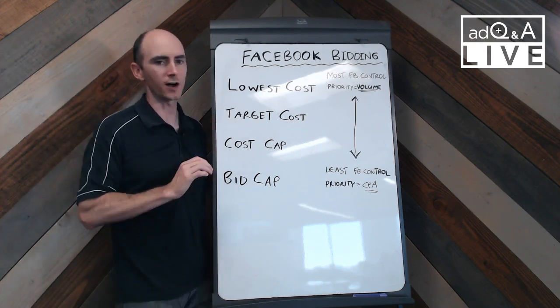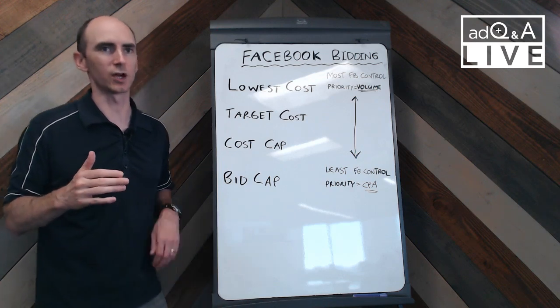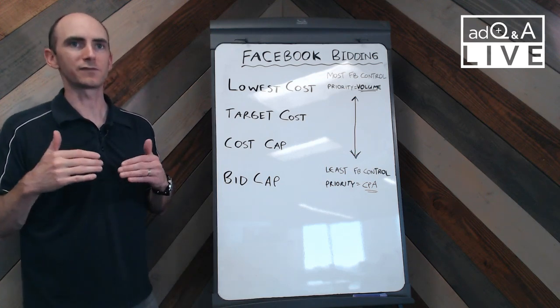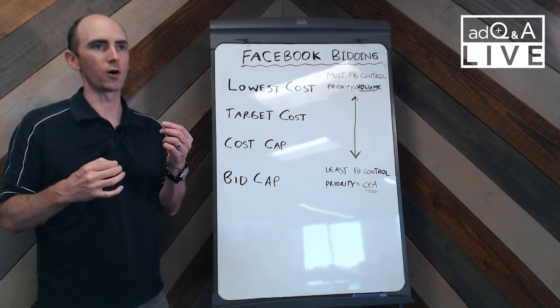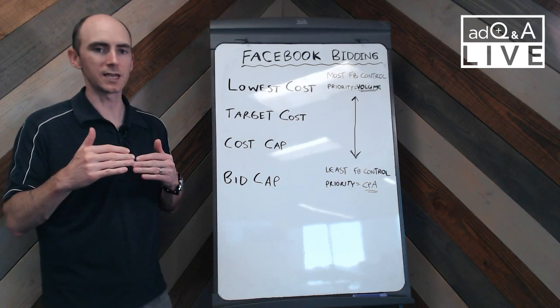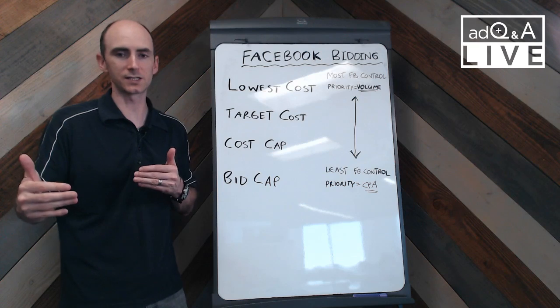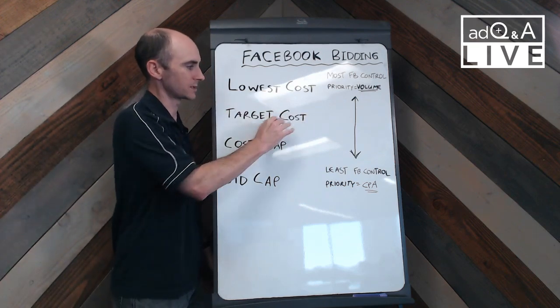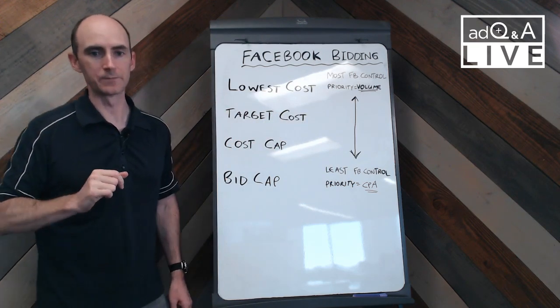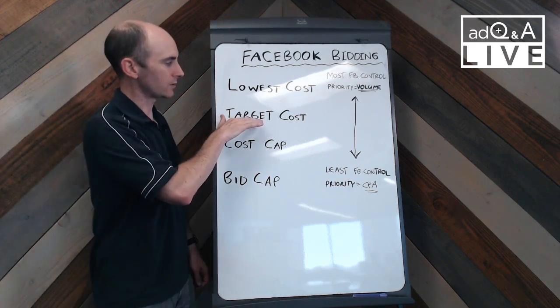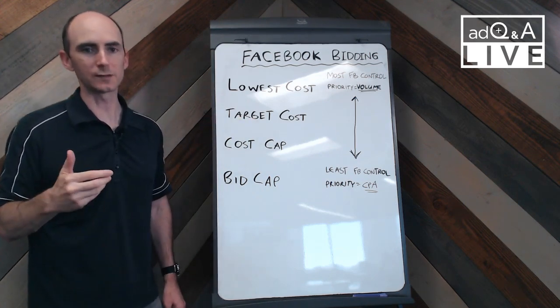But target cost, the way to think about it is you're saying, look, I recognize, Facebook, that sometimes you're going to have to bid a little bit more or a little bit less, but ultimately, in aggregate, for a decent sized chunk of data, I want the cost to come in around this target, right? So you're starting to place some limitations on who Facebook could serve to.